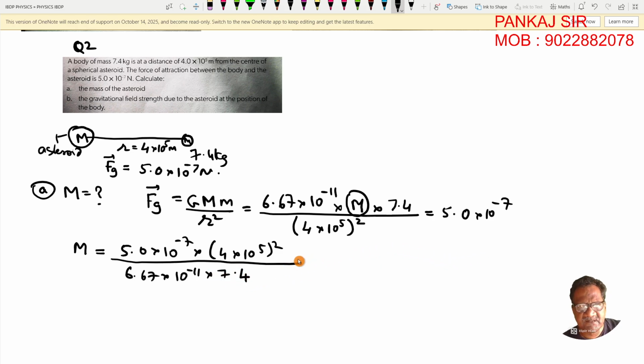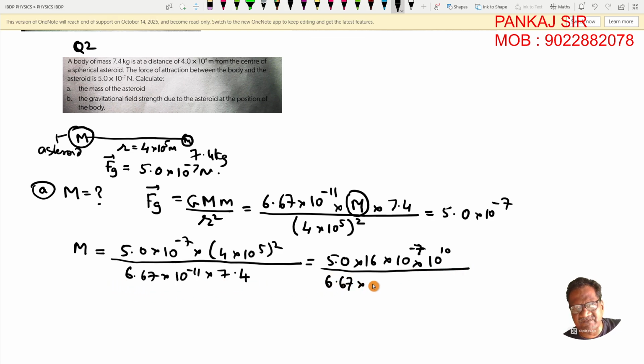Got it? So now this can be written as 5.0 into 4 square, which is 16, into 10 raised to minus 7 into 10 raised to 5 the whole square, which is 10 raised to 10, whole thing divided by 6.67 times 7.4 times 10 raised to minus 11.